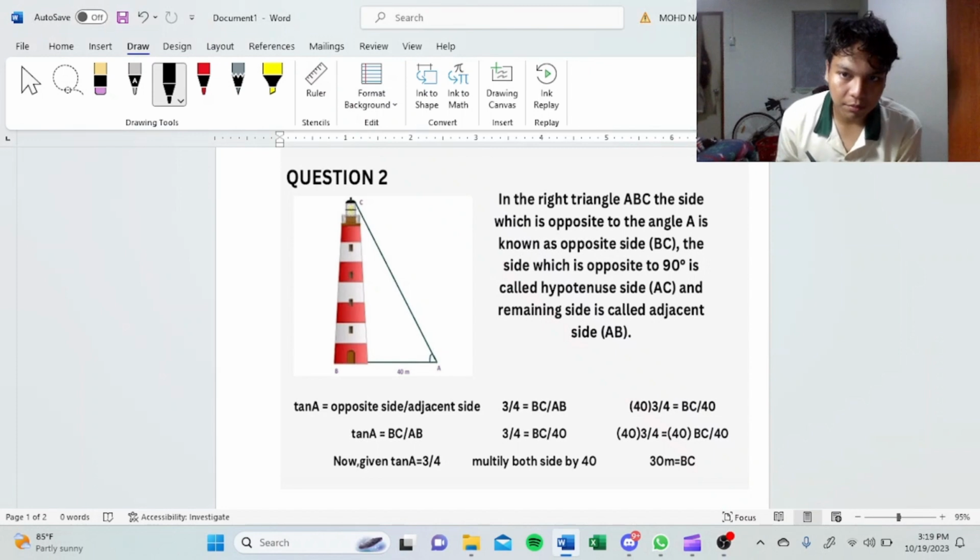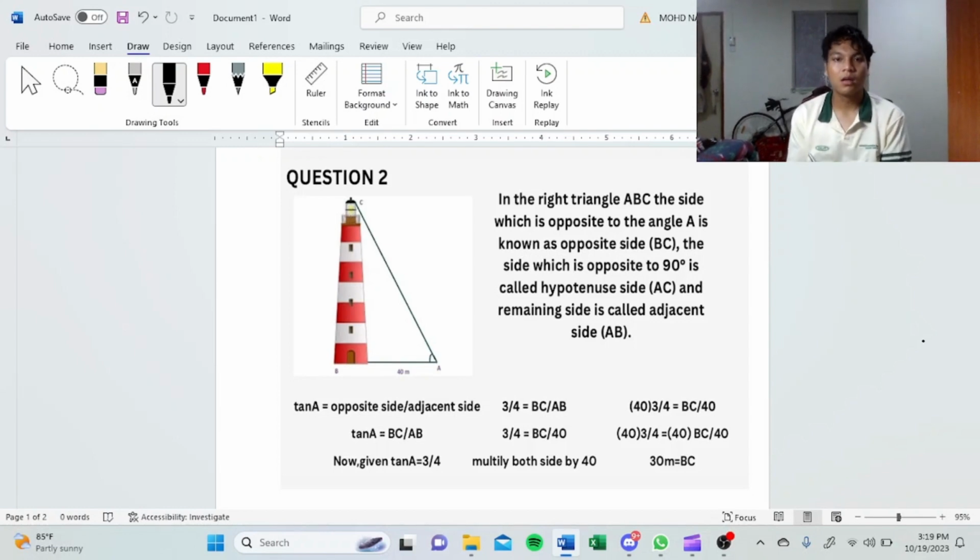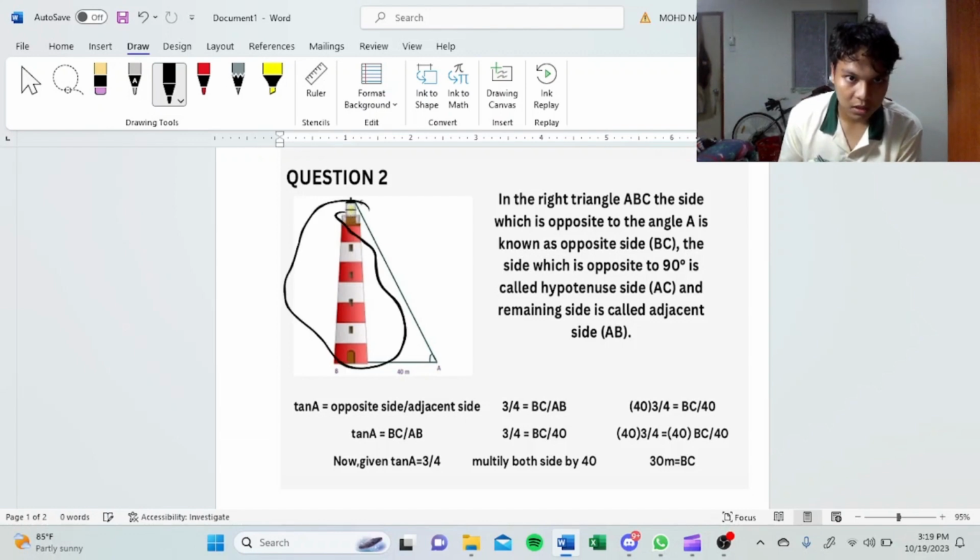Assalamualaikum and good morning. My name is Muhammad Nakib Haikal, and today I will discuss question 2 and question 3. For question 2, the question is asking us for the height of this red tower.